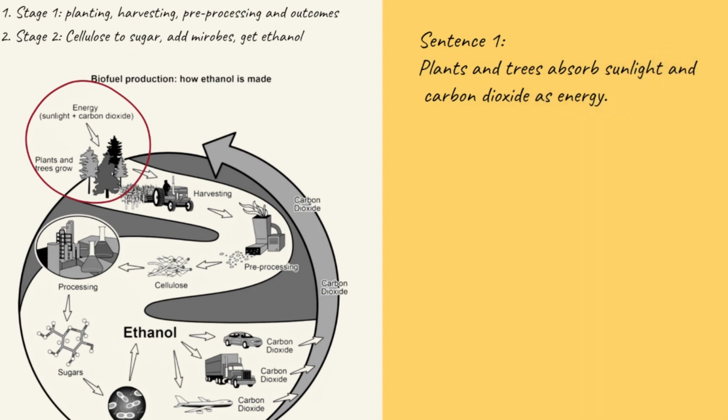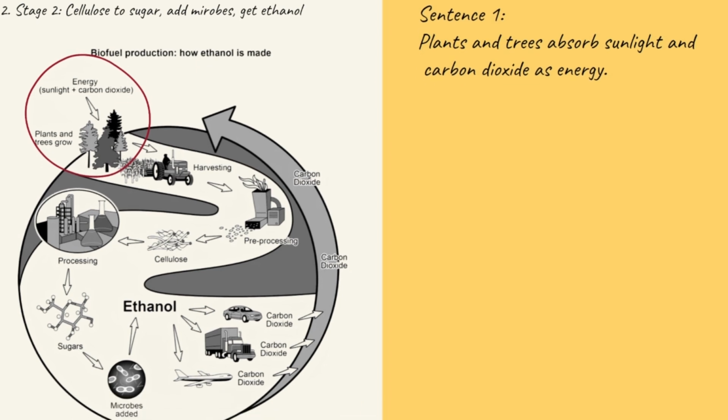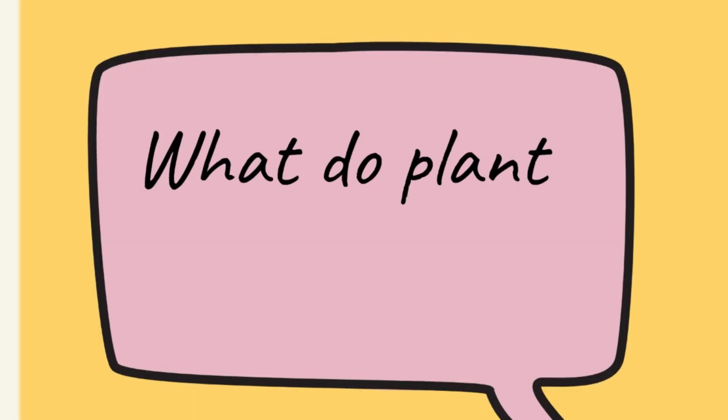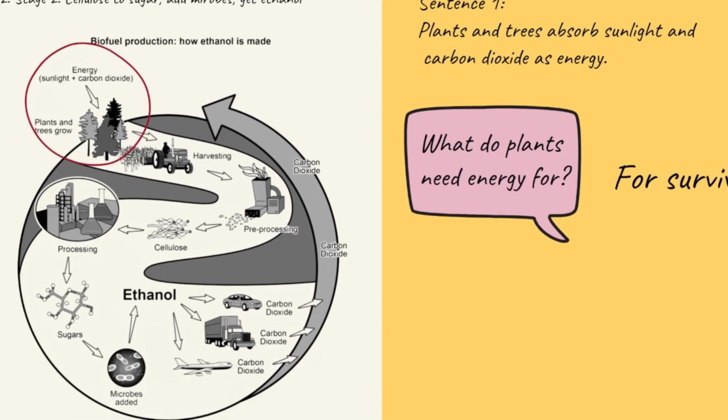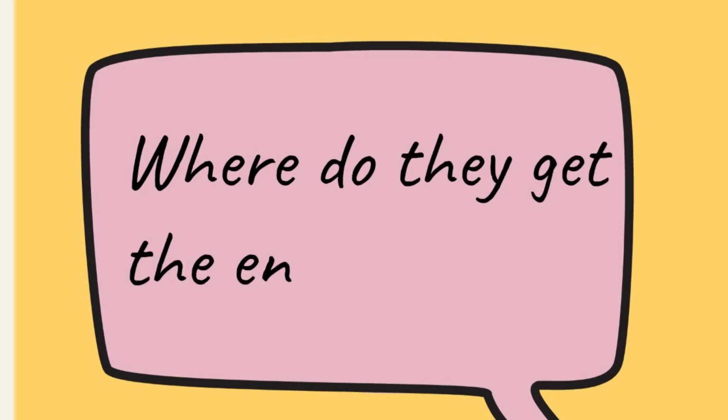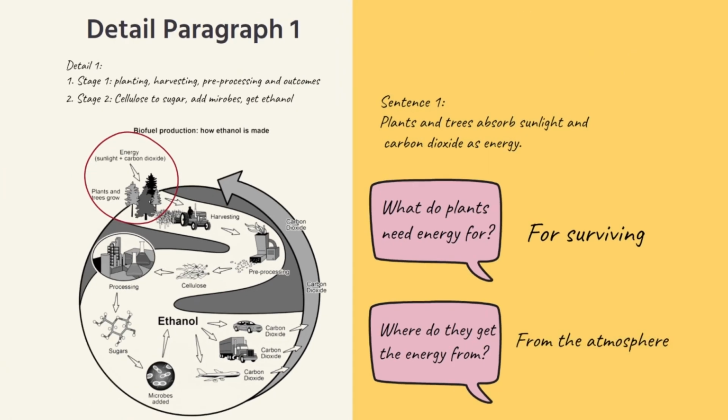But if you want to make your sentence longer and more descriptive, my trick is asking questions and add the answers to your sentence. For example, you can ask, what do plants need energy for? For surviving. Where do they get the energy from? From the atmosphere.